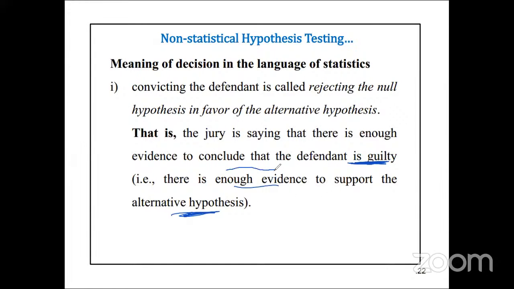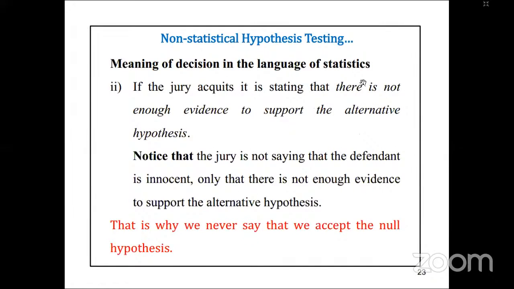Here exact data is not there, but evidence is there. But this is a kind of real testing of hypothesis. In the other case, when the judge gives the opposite decision, if the jury acquits, it is stating that there is not enough evidence to support the alternative hypothesis.